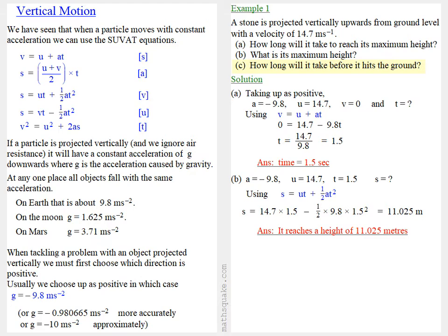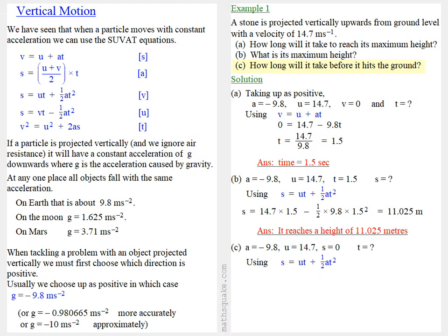In part C, we're asked, how long will it take before it hits the ground? Well, if it hits the ground, its displacement will be 0. It's back where it started. So a equals minus 9.8, u equals 14.7, s equals 0, and we're trying to find t.